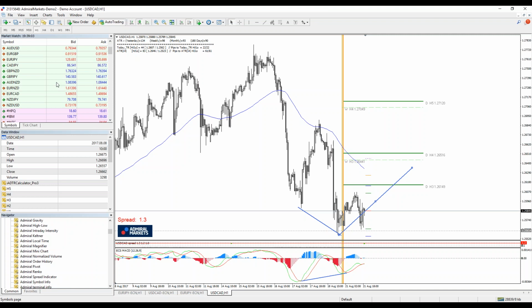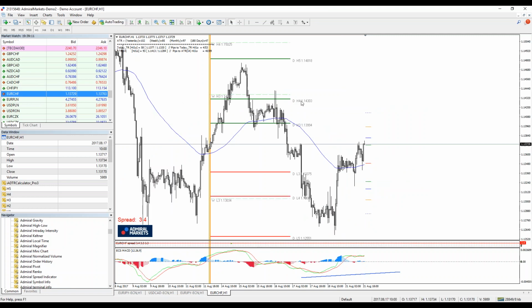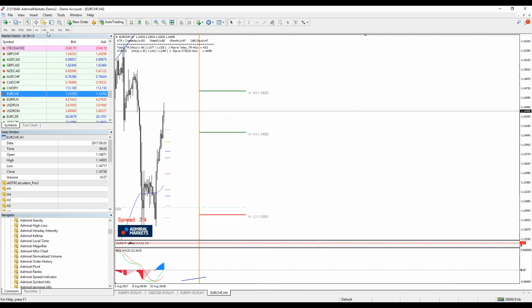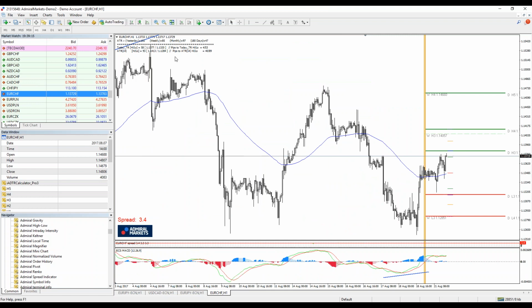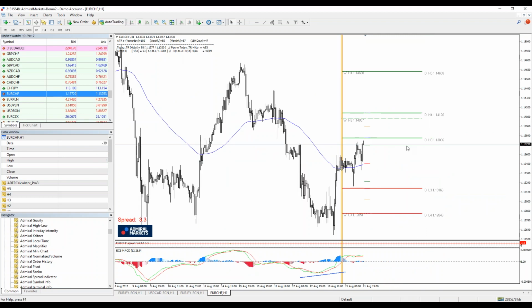Euro Swissy now. It's trying to go up. This is some sort of V-shaped reversal or lean, potential leaned head and shoulders formation. So this could go up indeed.